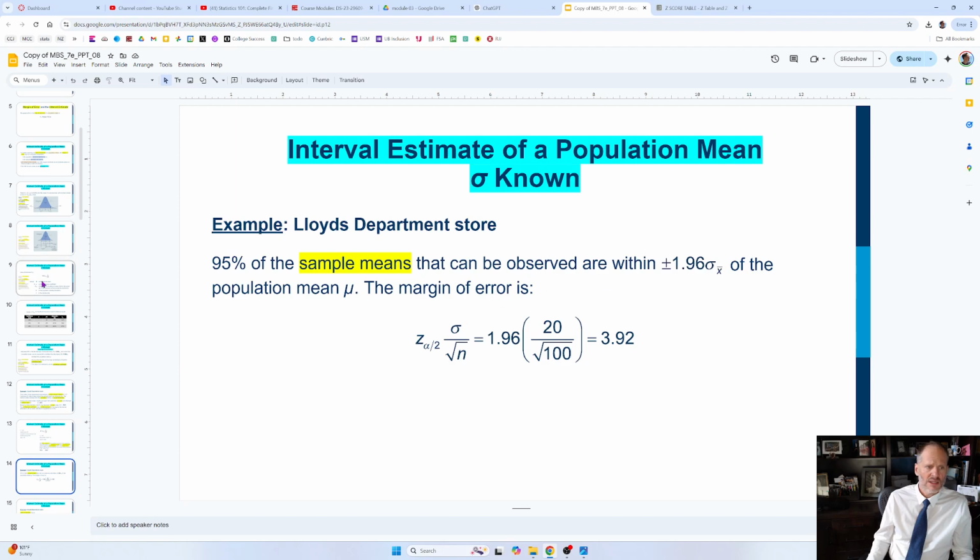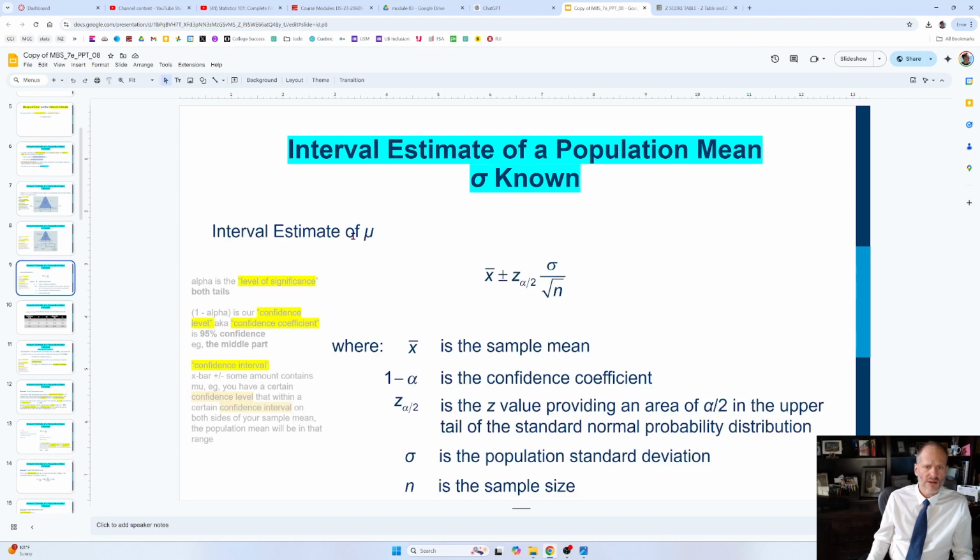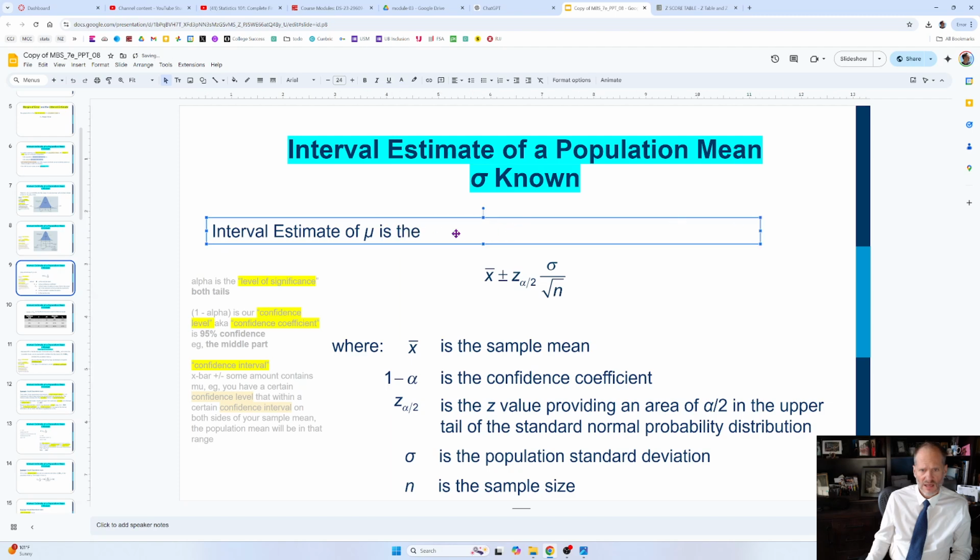It'd be nice if this actually said the interval estimate of mu is the sample mean plus or minus the margin of error. And we'll make this smaller.